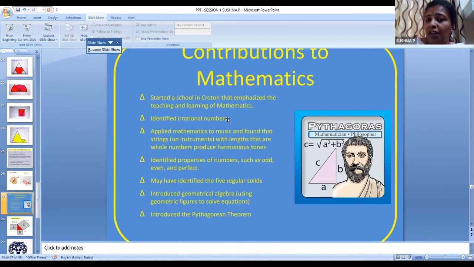He identified the irrational numbers. He was the first person who applied mathematics to music and found that strings with lengths that are whole numbers produce harmonious tones. This is a beautiful thing which he found out: he connected maths with music and found that music can heal people.